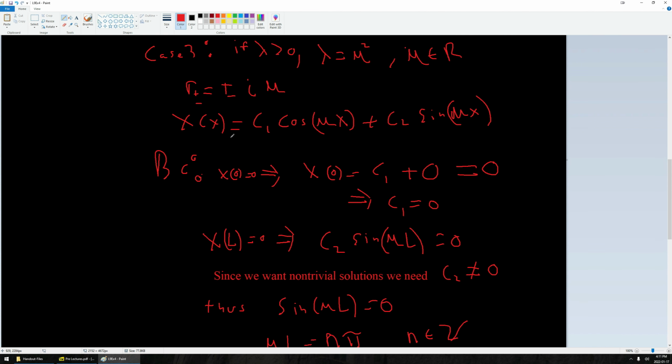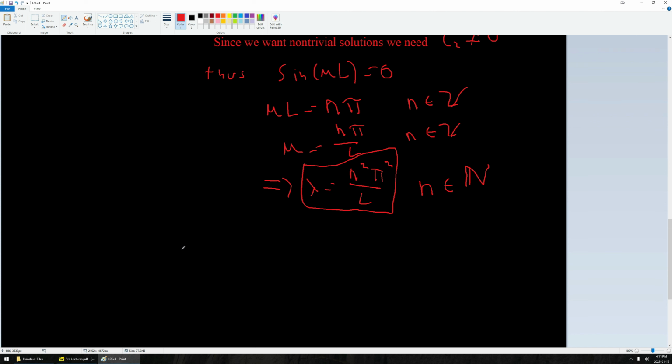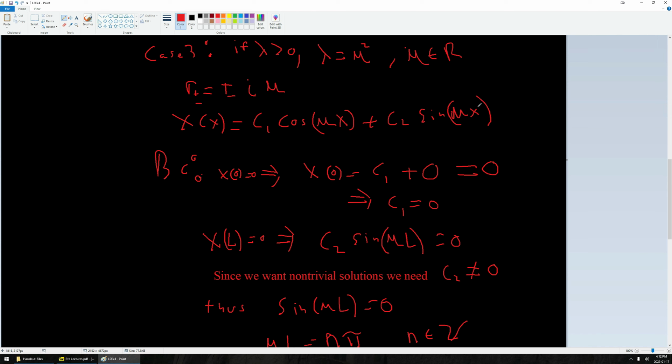From here, we know I have solutions of this form where the condition was that C1 was 0, so the cosine term goes away, but the sine term is anything it wants to be, right? So thus I have X of x as a function of lambda, or also as a function of c if you want, equal to an arbitrary constant times sine of mu x, where mu squared is equal to lambda.